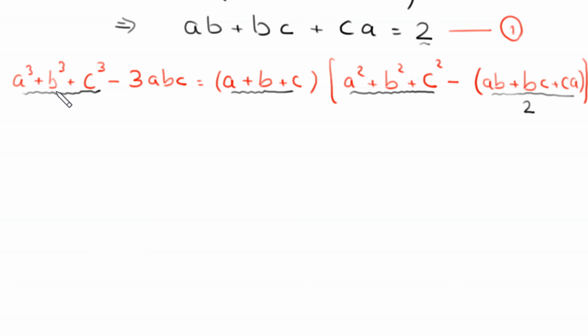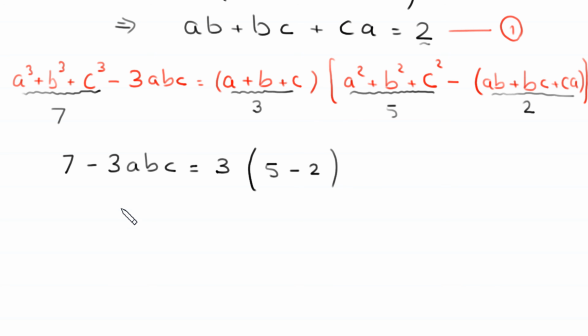So this equation will become 7 minus 3 times abc equal to 3 times 5 minus 2.